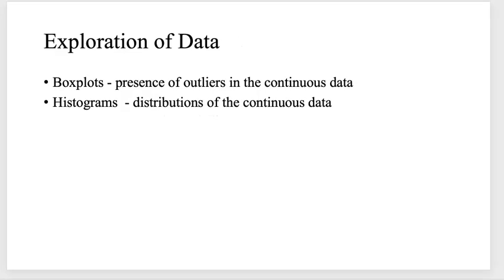For the exploration of the data, I used box plots and histograms. The box plots were used to detect the presence of outliers in the continuous data, and the histograms were used to understand the distributions of the continuous data.